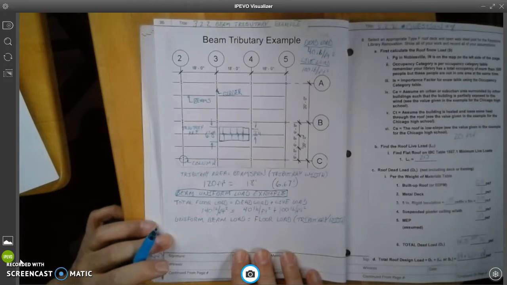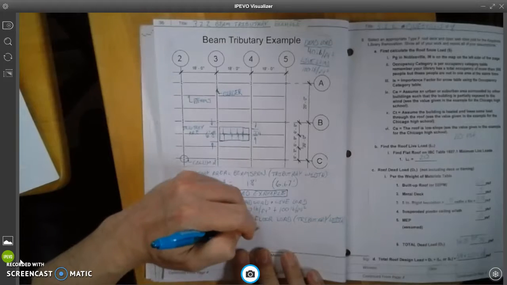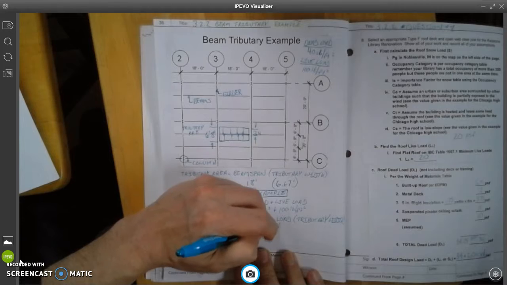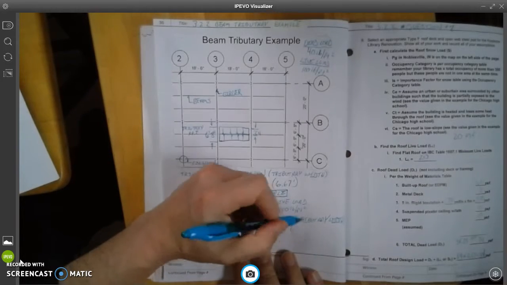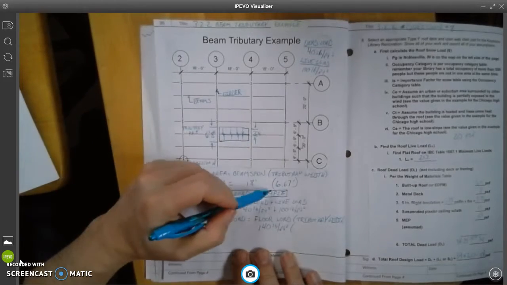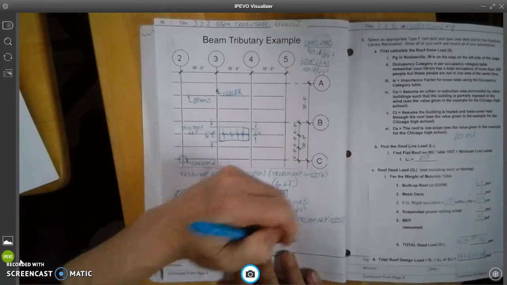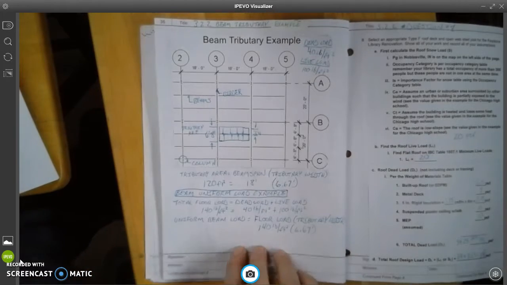So that is going to be this value here, that's our floor load. That's 140 pounds per foot squared times our tributary width, which is that decimal value that we just got up there, which is 6.67 feet.